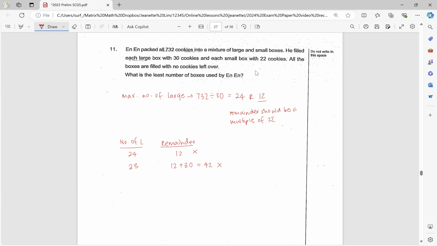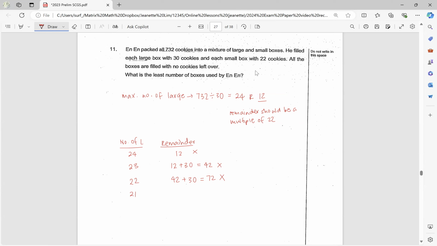Then next, let's go one less for the large boxes. Every time I take away one large box, I'm removing 30 from the boxes, and 30 will go to the remainder. So 42 plus 30. This again is not a multiple of 22. You can use your calculator to check. Then next, go one more large box down.